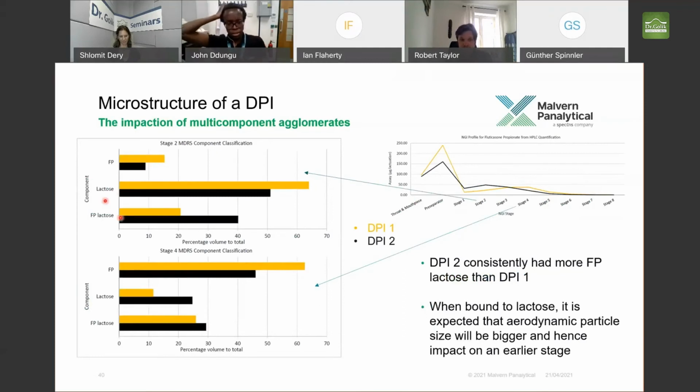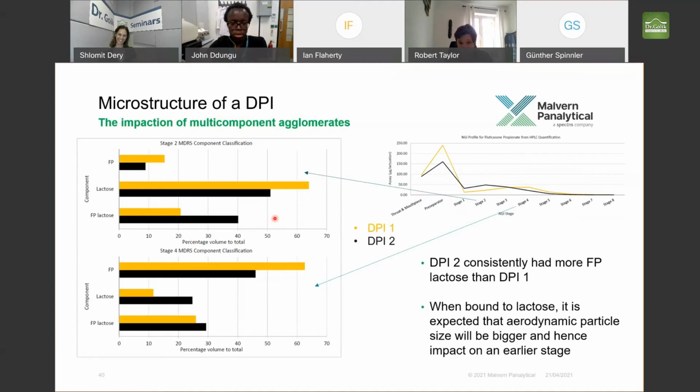This relates to stage 2, and this relates to stage 1. You can see that as a percentage of total volume, between 8 and 15% of both DPI products is free FP, between 50 and 65% is free lactose, and between 20 and 40% is this multi-component agglomerate of FP and lactose.